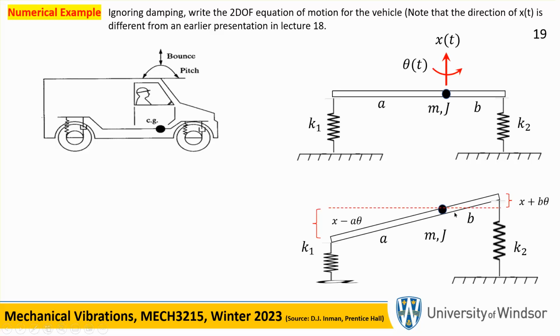So in order to do that, we assumed that this thing went up by x and rotated. So the amount of stretching of this spring is not only x because the whole thing goes up, but it also rotates. It's going to be x plus b theta, small angle oscillation. b times theta is going to be that length, and this one is going to be x.